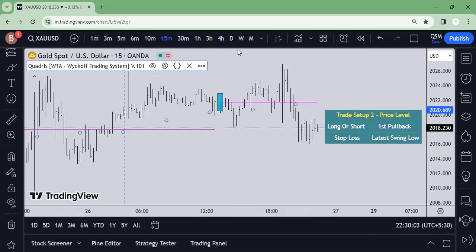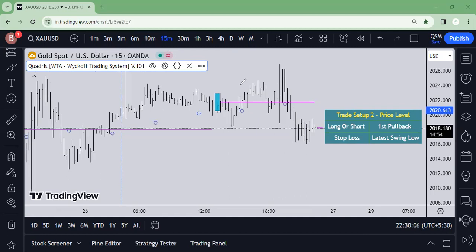What I have done, based on the setup that you are applying on the chart, I have defined the trade setup into 1, 2, 3, and 4. And what should be the long and short criteria, and what should be your stop loss while placing the trade.